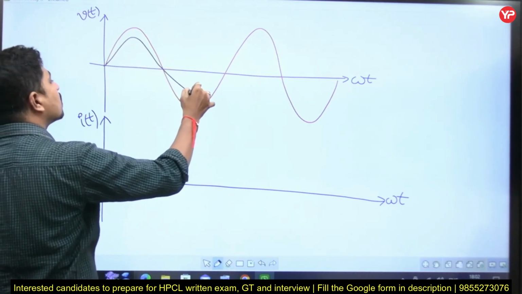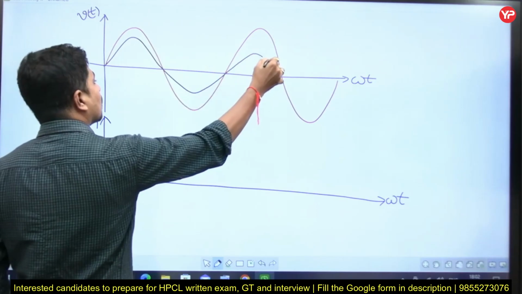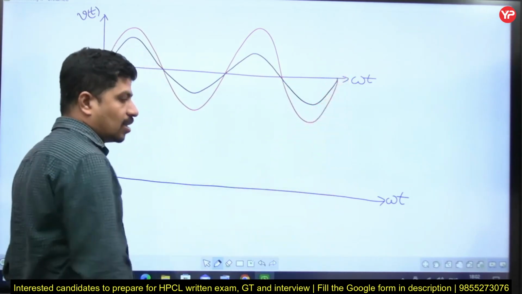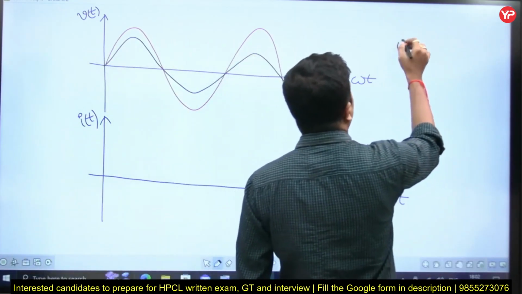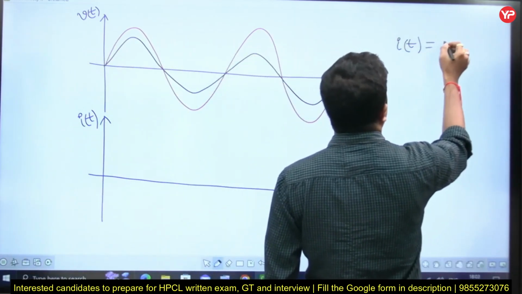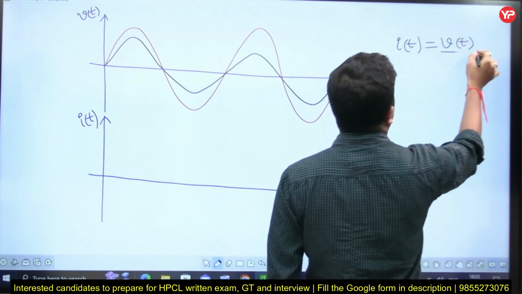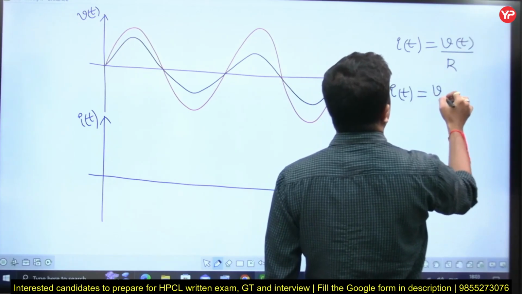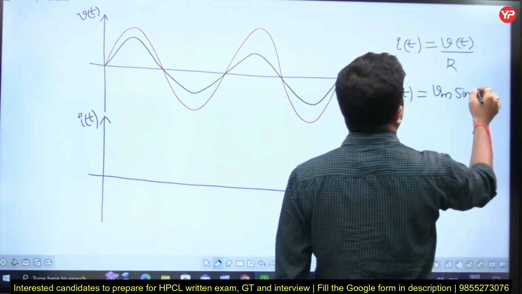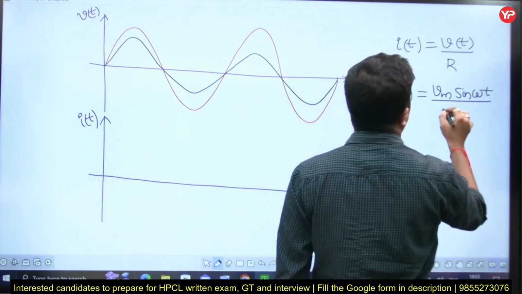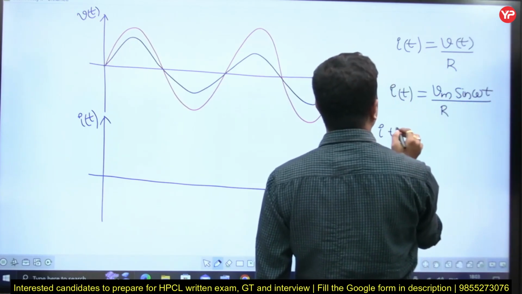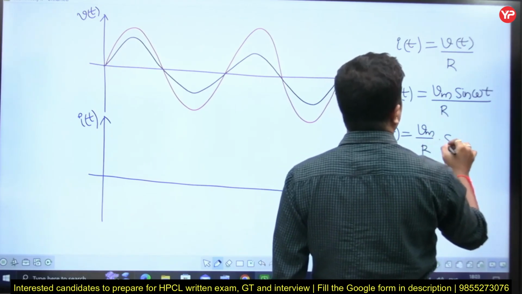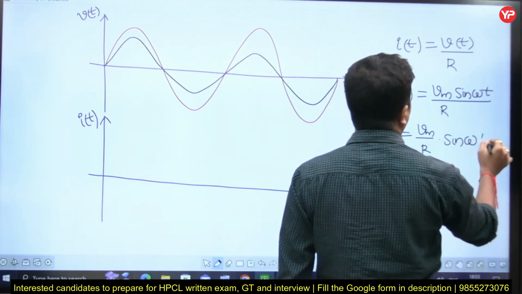If I am taking resistance greater than 1, I of t is equal to V of t by R. So I of t is equal to Vm sine omega t by R, that is, Vm by R into sine of omega t.